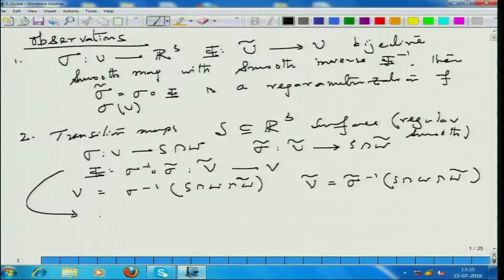So, this map is a transition map which is smooth, bijective with smooth inverse.